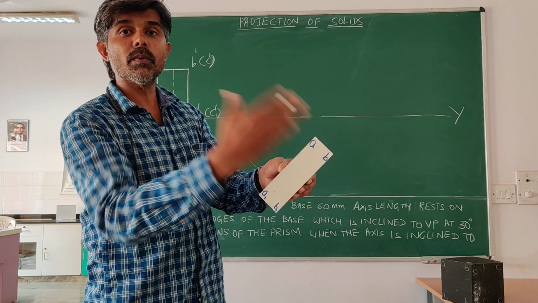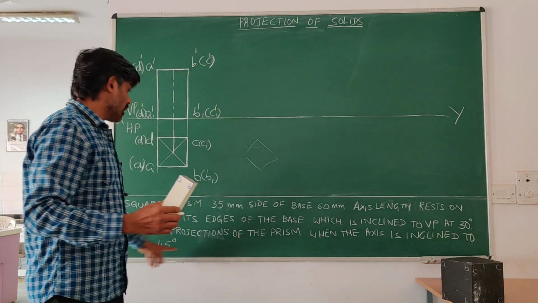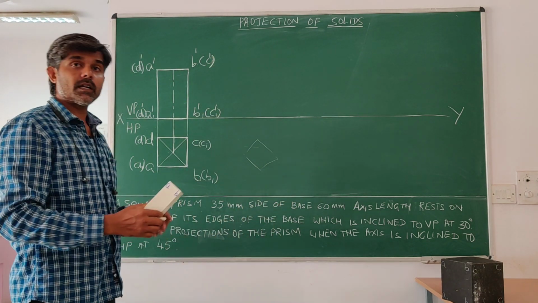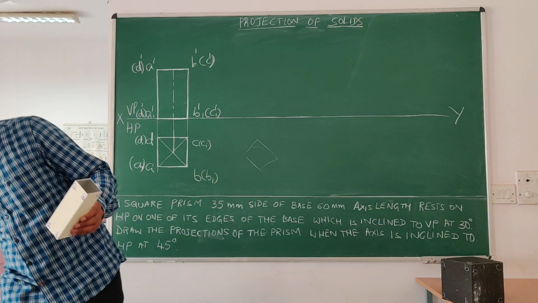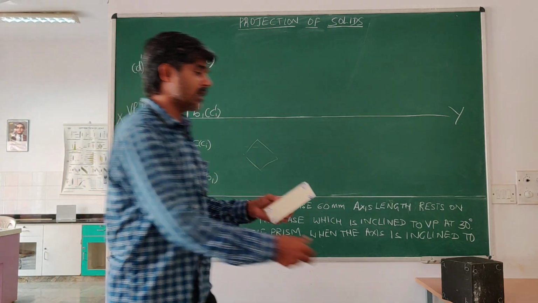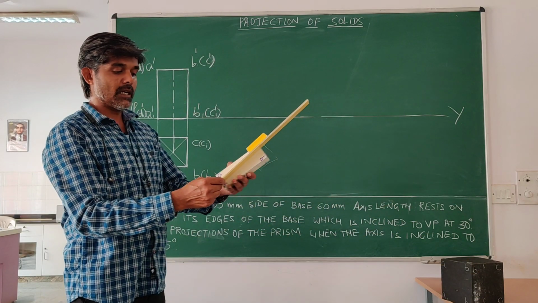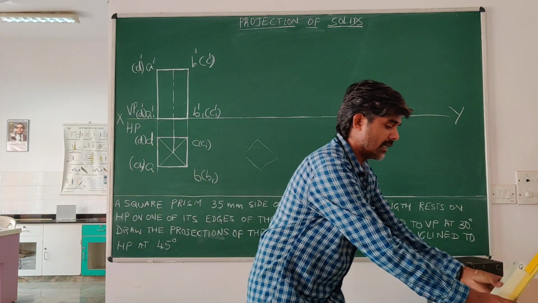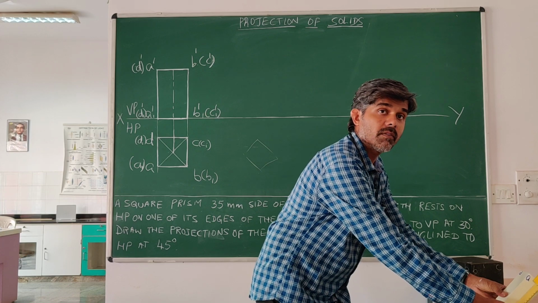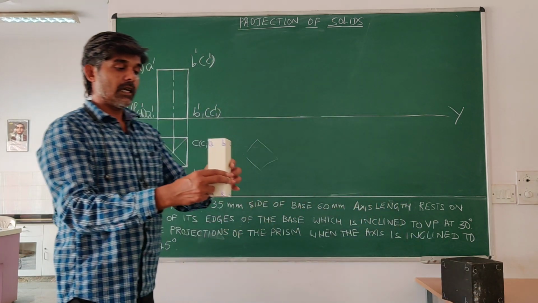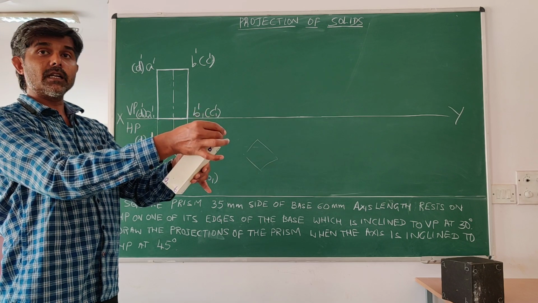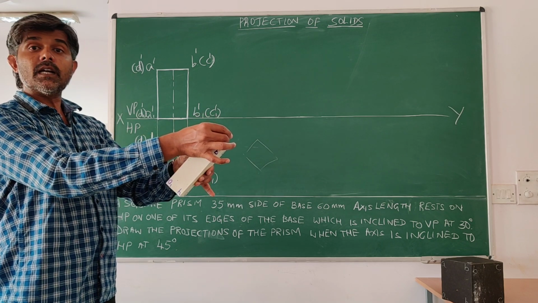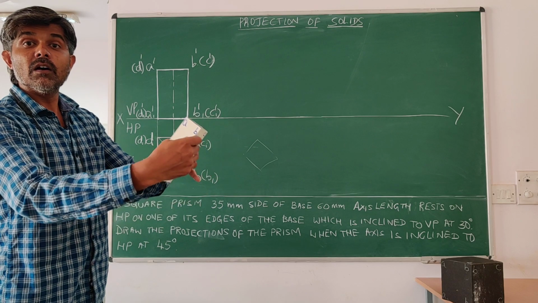How much it should be inclined is given: it should be inclined to HP at 45 degrees. From the vertical position of the axis, I will make it inclined to HP at 45 degrees, which you can see in the front view.